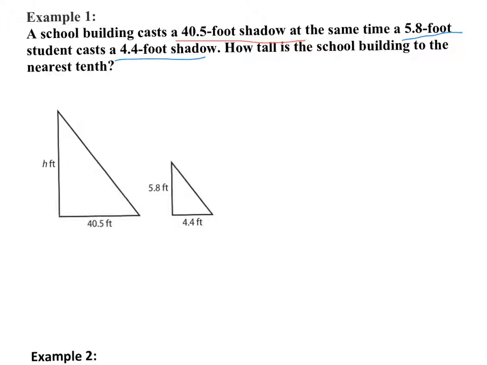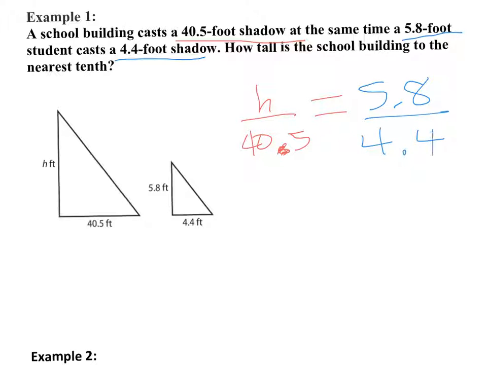So when we set up our proportion, we compare the height over the 40.5 of our school building, and we set it equal to the ratio of the student, so we have 5.8 over 4.4. Then we use the cross product by multiplying diagonally. So 4.4h equals 5.8 times 40.5.